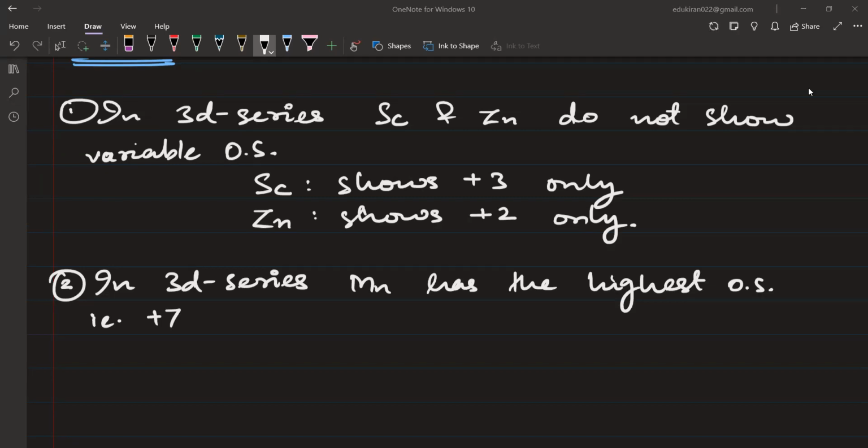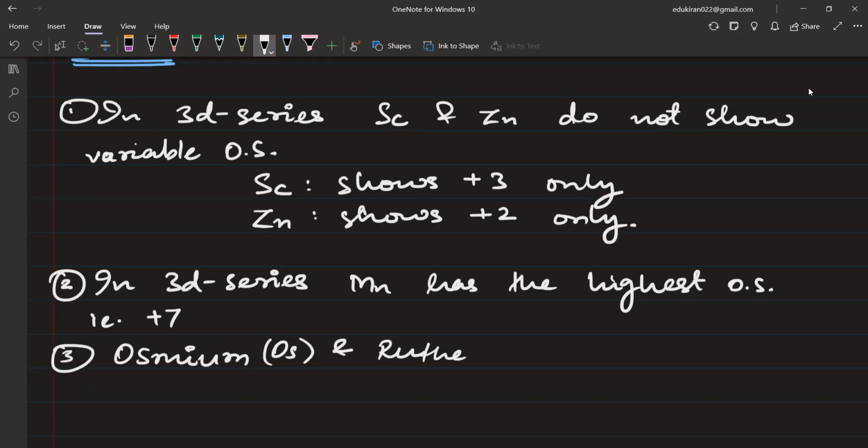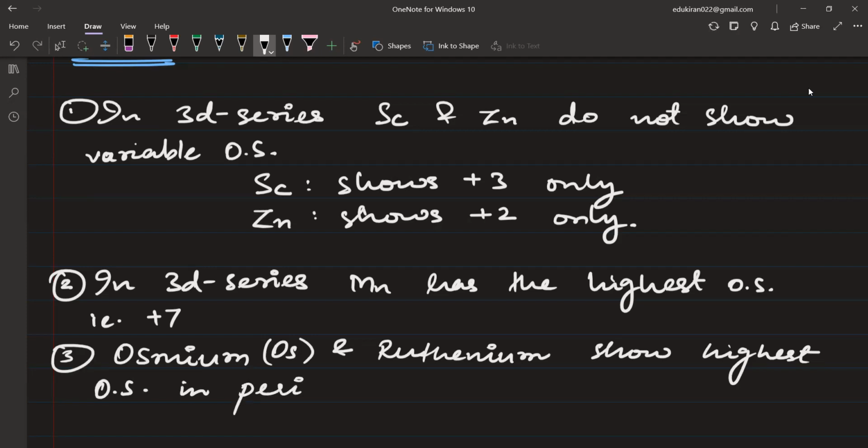That's the third point I'm going to write. Osmium and ruthenium show the highest oxidation state in the periodic table, that is +8.